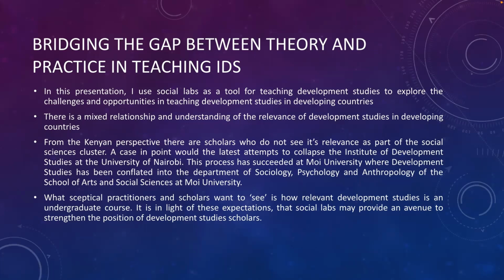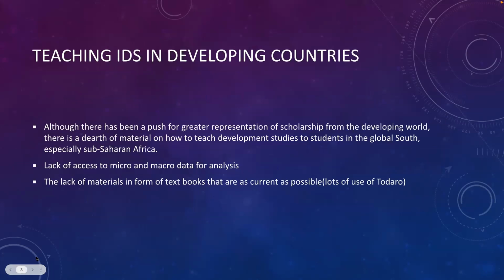development studies. So moving on to the next slide, I find that there's the whole issue of representation. What kind of material exists? Like yesterday, I was looking at some material, and there was the whole issue of access to data, access to materials for teaching development in developing countries.